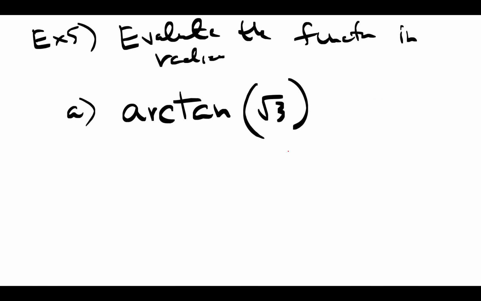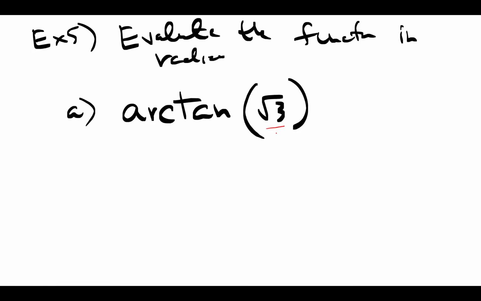I need to know tangent inverse, or arctan, of √3. Now, the fun part about √3? Is it pi over 6? Maybe I'm wrong. Let's see. Yeah, just pi over 6. Oh, gosh, I'm wrong then. Okay. So here's what I got here.